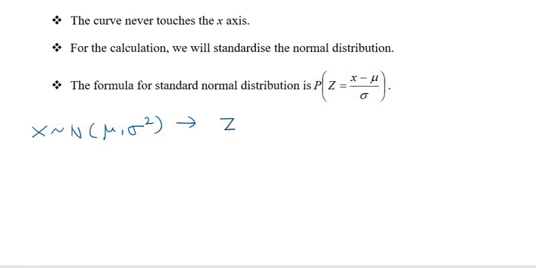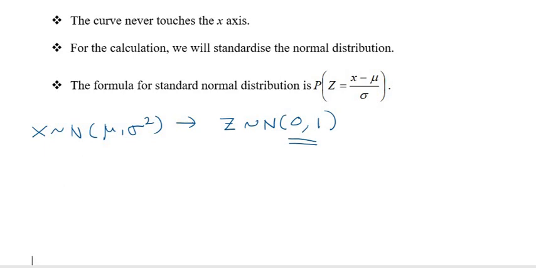Once we have standardized, we write it as Z distributed as normal with mean 0 and variance equal to 1. Once we get mean 0 and standard deviation and variance 1, we call it the standard normal distribution.